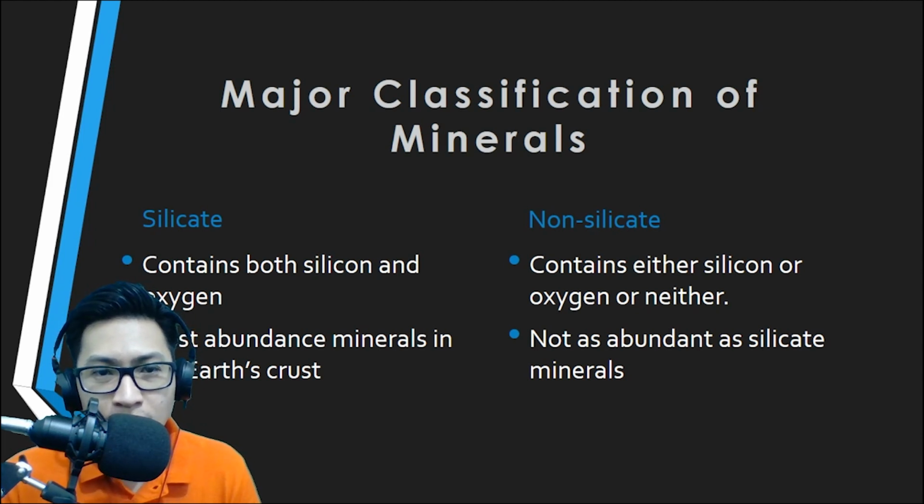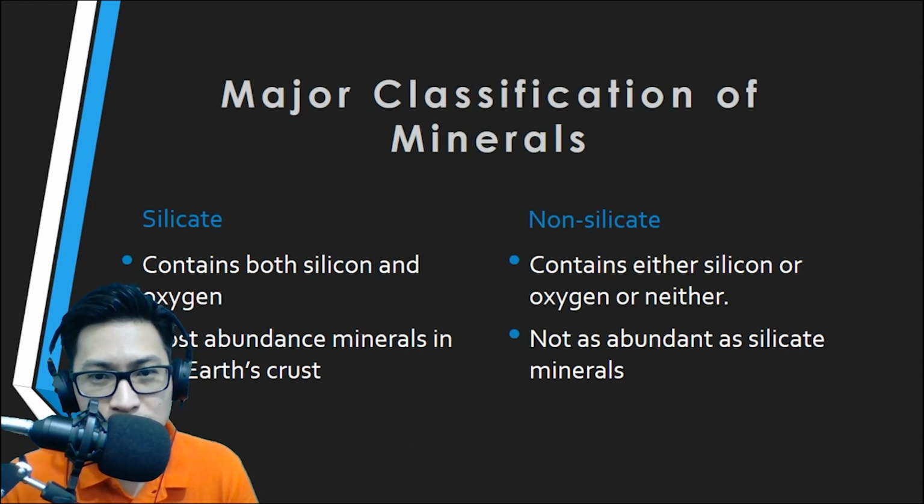Now, the other one is the non-silicate group. It can either contain silicon or oxygen or neither. Okay? Kung ang silicon ay present doon sa chemical composition niya pero wala yung oxygen, therefore the mineral is non-silicate.